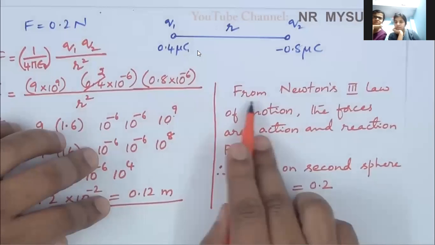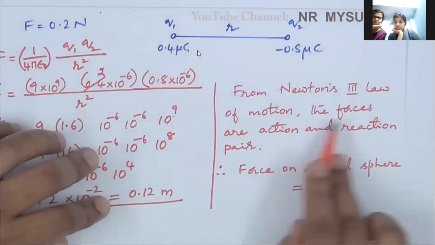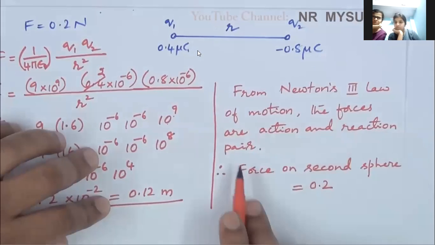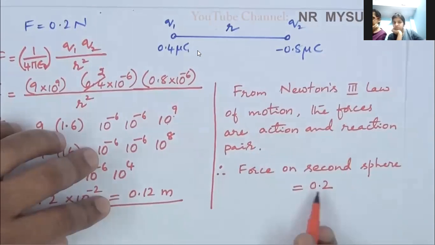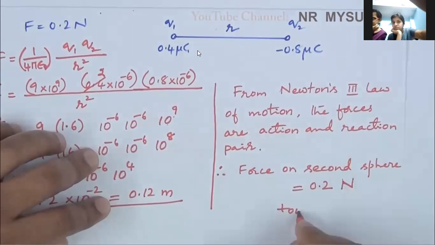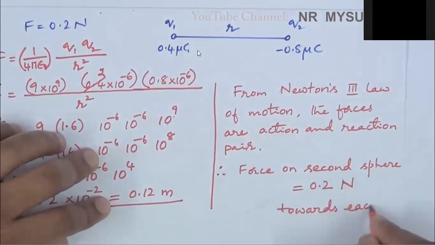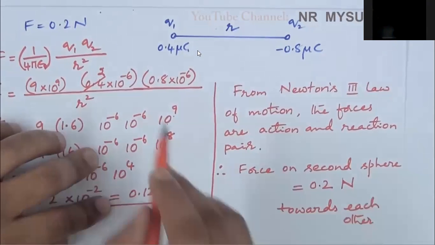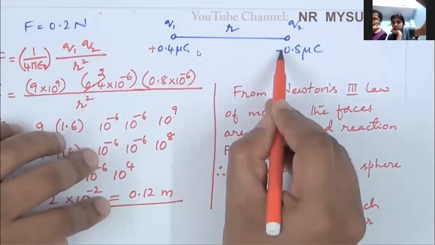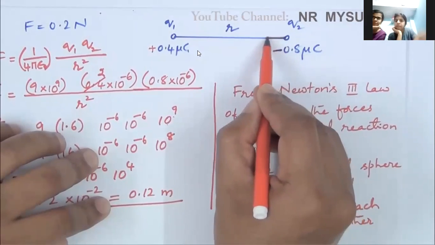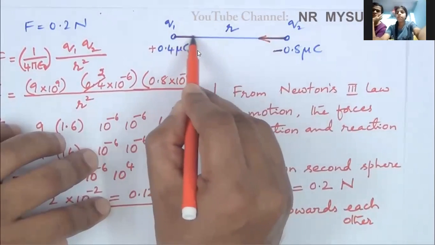From Newton's third law of motion, the forces are an action and reaction pair. And force on the second sphere is 0.2 Newton towards each other, because one is a positive charge and the other is a negative charge. So there is attraction.